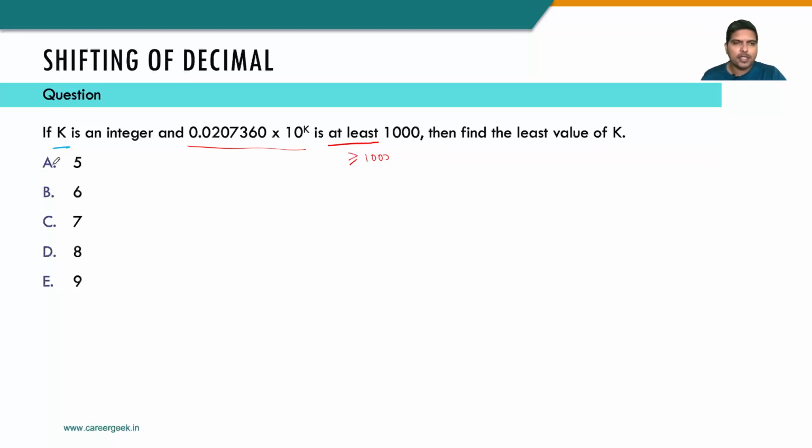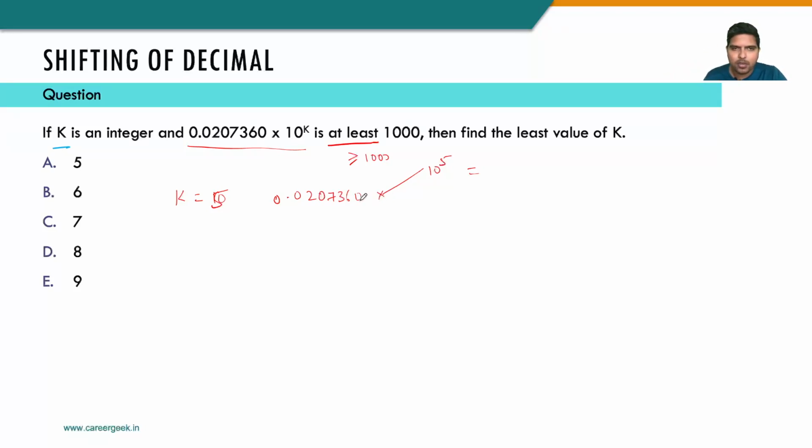So the best way, I can see the options, always look at the options: 5, 6, 7, 8, 9. So I can plug in and check. If k is 5, let's see what this number will become. 360 multiplied by 10 power 5. If I multiply by 10 power 5, the decimal goes 5 places to the right.